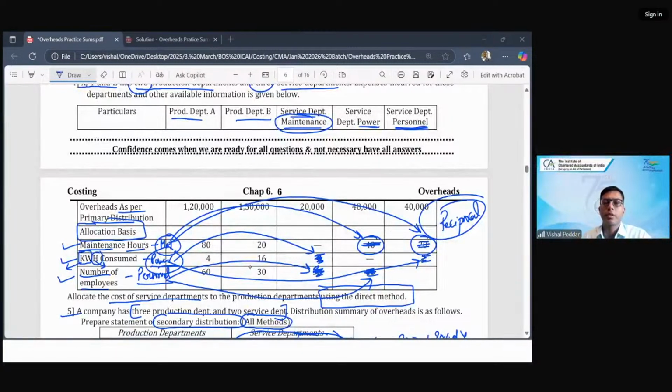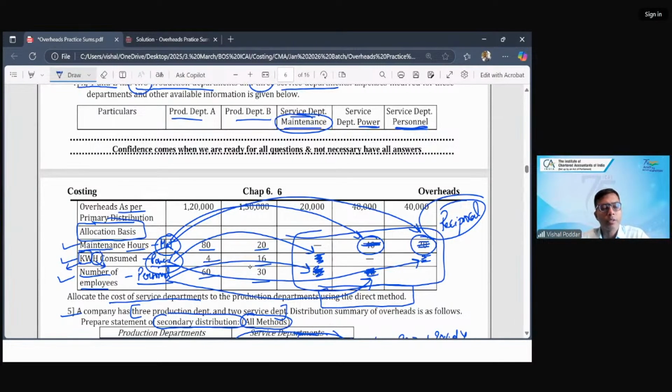Now, when you divide the expenses, you will divide them only to production departments by ignoring service departments. Hence, the question originally of reciprocal will now become of direct. Correct, students? So, start solving. I'll wait for your answers. Before I solve, you solve.